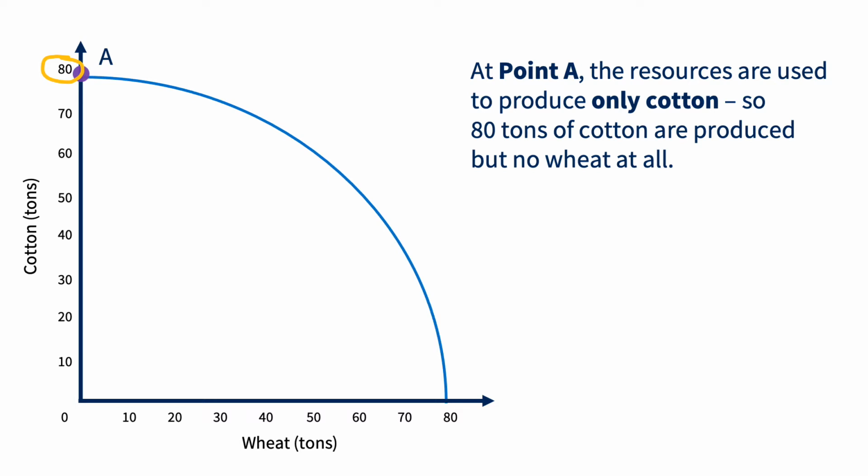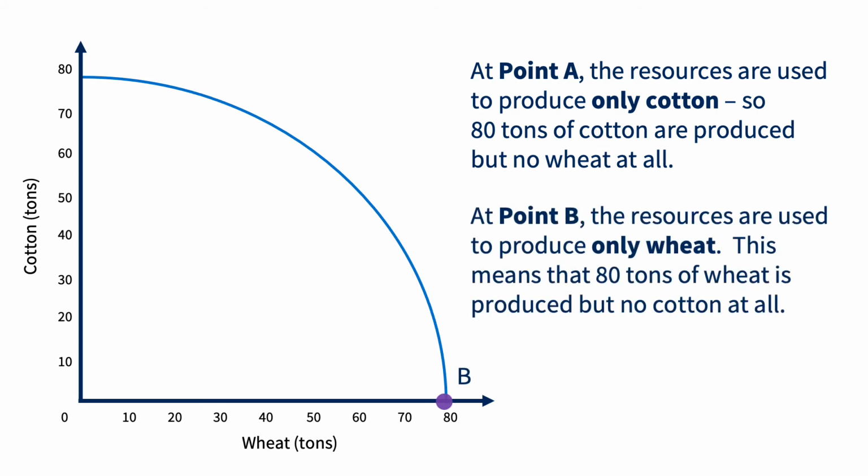We know that no wheat is produced because when we look at where point A is on the horizontal axis, we see it is at 0. Now, if we change production to point B, the resources are used to produce only wheat. This means that 80 tonnes of wheat is produced, but no cotton at all. Both point A and point B could be said to be extremes. They both only produce one product with no quantity of the other product on the diagram.